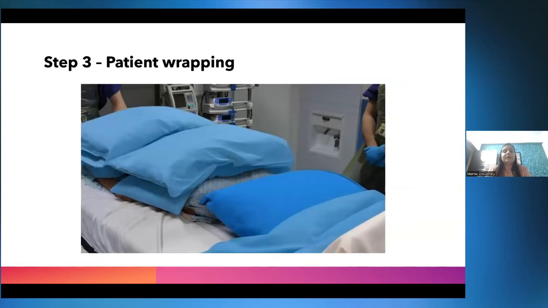So the third step is wrapping of the patient, which starts with placing the pillows over the patient. Whenever we are turning the patient to prone position, these pillows should be below the pressure points to prevent pressure ulcers or pressure decubitus. So generally the pillows are placed above the chest, above the pelvic area and above the knees to protect the pressure points.